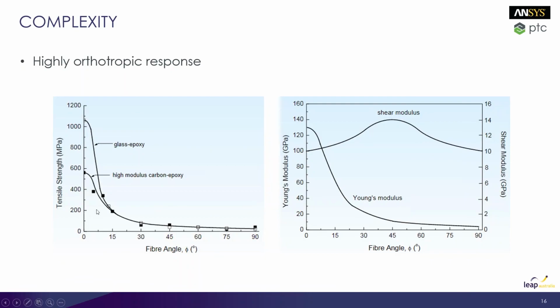So we need to either factor this into our design, or we need to have a level of detail in our design that we know the loading directions on our fibers quite accurately, and we know that the structure is still going to be safe. The same kind of trends apply in the Young's modulus. It's going to drop off very quickly with that loading misalignment.